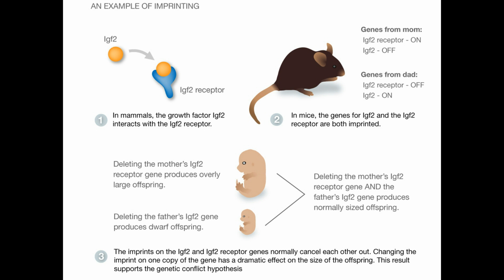Here you have the receptor on from the genes from the mom; the IGF2 gene itself, the protein, is off. The signaling molecule is off. Genes from the dad: IGF2 receptor off, IGF2 protein on, the signaling molecule.